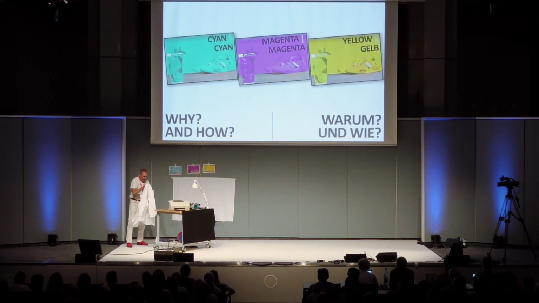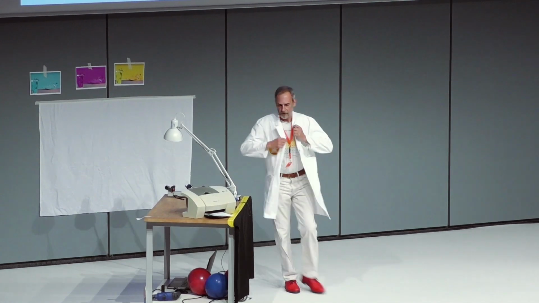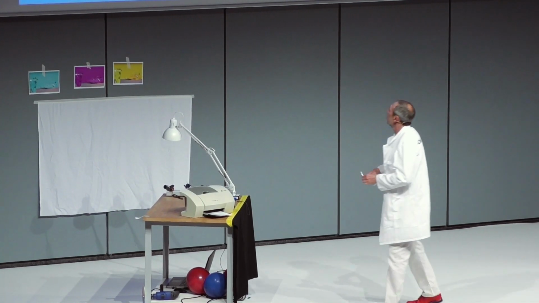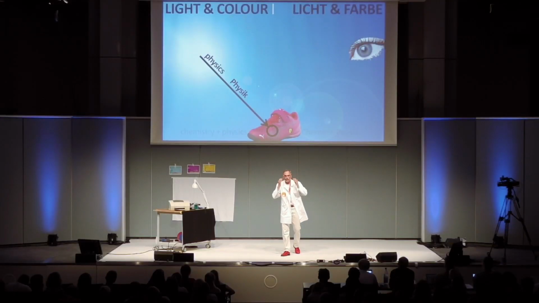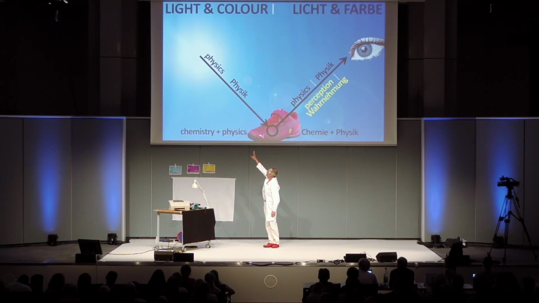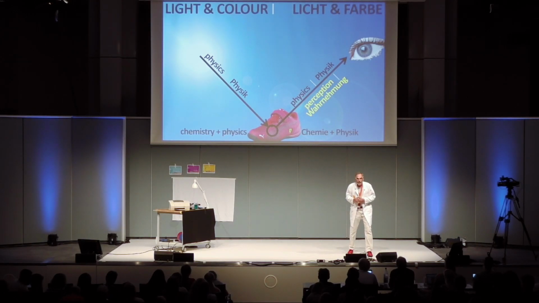Why cyan, magenta, and yellow? I think it requires a little bit of science. You know, this is a story with 3 actors. You first have the light, for instance, the light of the sun. Then you've got an object, a color, which is made of molecules.